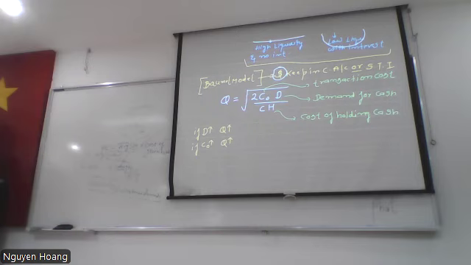It means if you hold money, you would not be able to invest somewhere else. This is called opportunity cost. So if CH is high, Q would be low. That makes sense. So this is the basic idea behind your Baumol model.